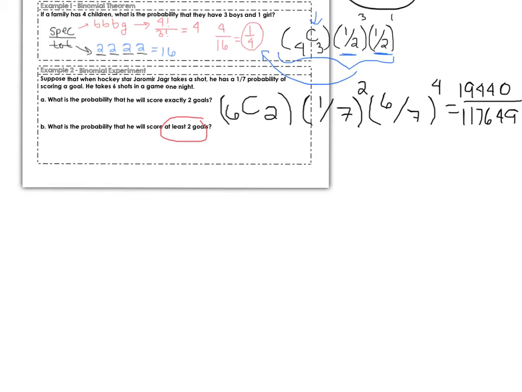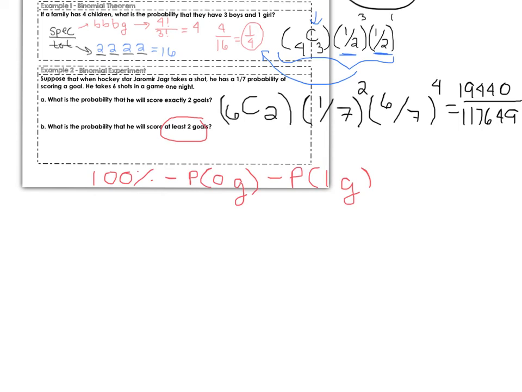So I'm going to find the probability of that not happening, and then I'm just going to subtract that from 100%, okay? Now, this not occurring, so I have 100%, I'm going to subtract away the probability of scoring no goals, and I'm also going to subtract away this probability of scoring 1 goal, because those are the 2 scenarios that do not complete the at least 2 goal option.